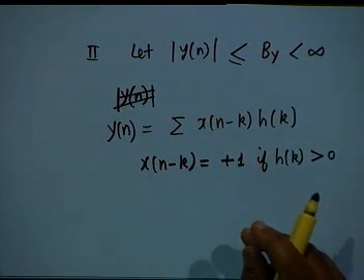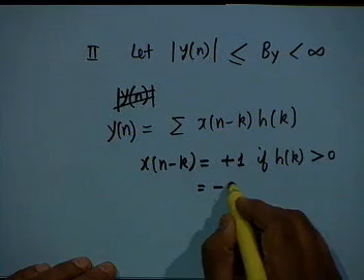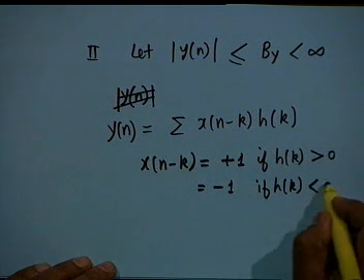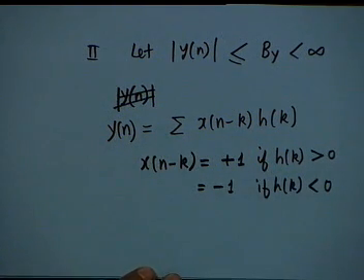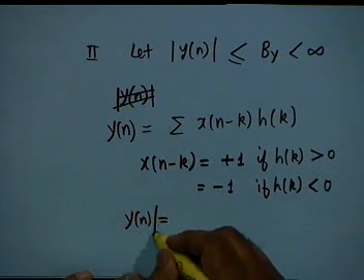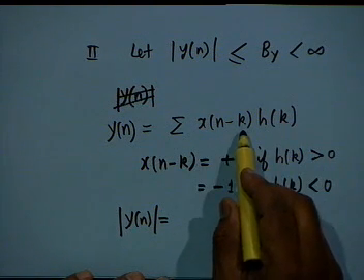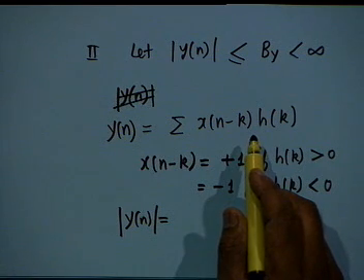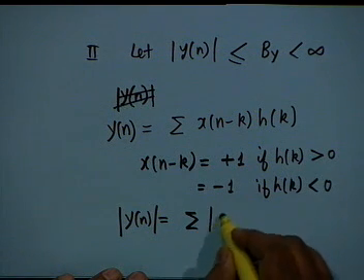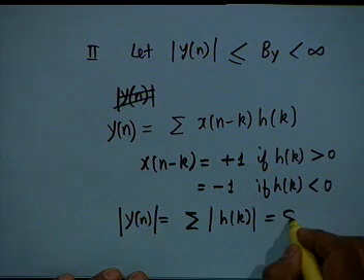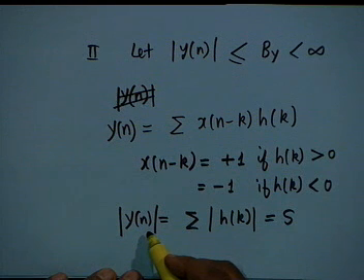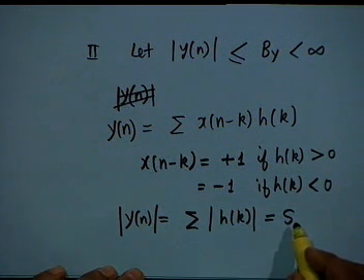That is, we choose an input which is either plus 1 or minus 1, depending on what h of k is. Then under this condition, magnitude y of n becomes, each of these terms will be positive now, and this is simply equal to the summation of magnitude h of k, which is equal to S. Therefore, if y of n is bounded, S should also be bounded.